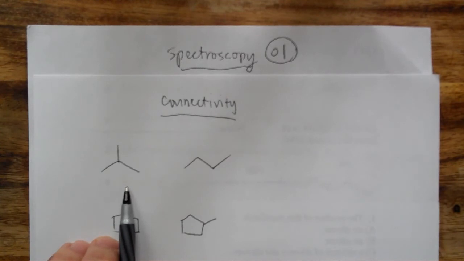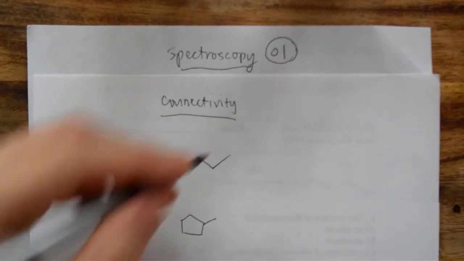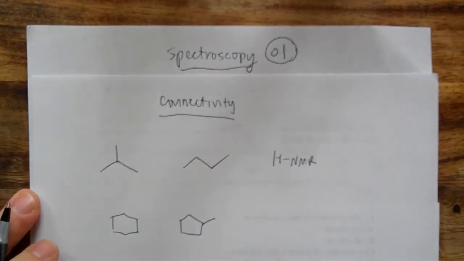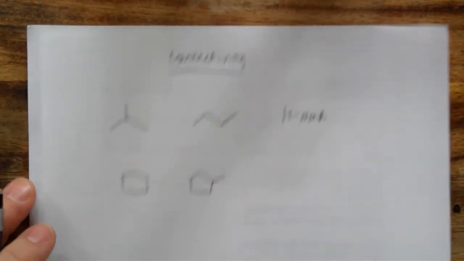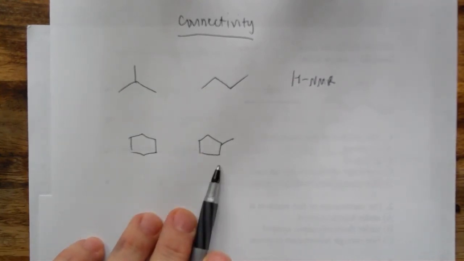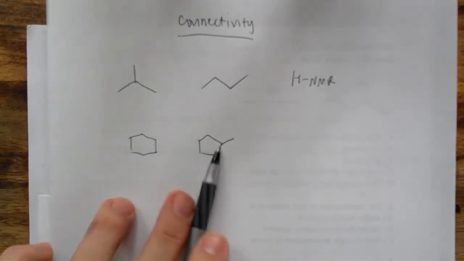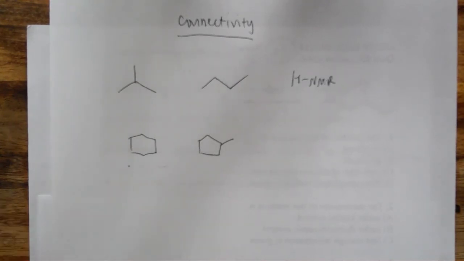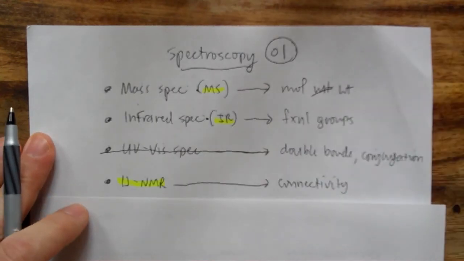But they differ in the way that they're connected. And so, proton NMR would be a super technique to differentiate between those. Here's another example. Cyclohexane and 1-methylcyclopentane, right? They have exactly the same molecular weight, but different connectivities. And same functional groups also, right? So that's what I mean by connectivity.